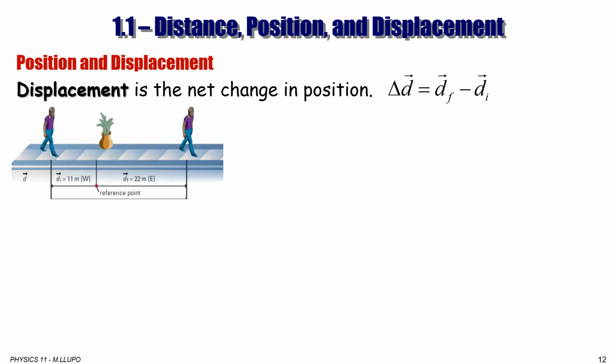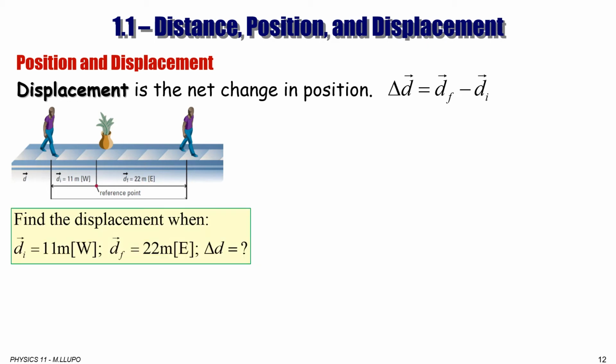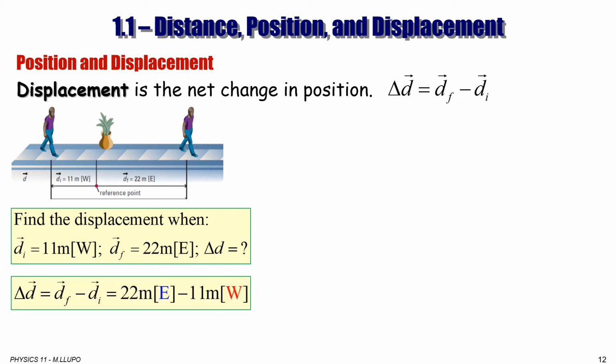Let's do an example. You see that person there is starting from the initial position of 11 meters west to 22 meters east. So find the displacement when initial is 11 meters west, final 22 meters east. We can just use that formula.